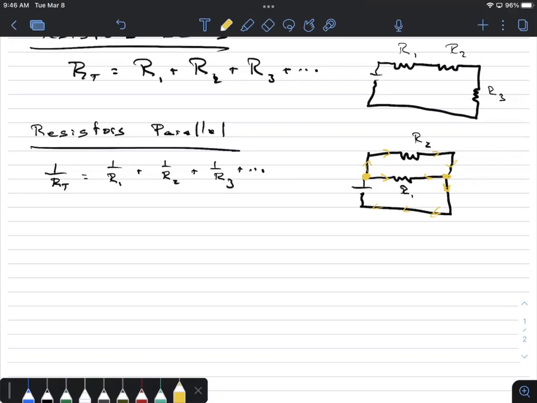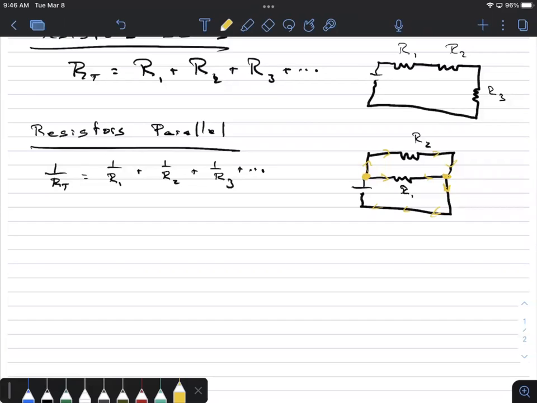And so in this case, the way these resistors happen to be connected, an electron will either go to R1 or it'll go to R2. But no electron in this circuit will ever hit R1 and R2, one right after the other. If it goes to R1, it has to skip R2. And if it goes to R2, it has to skip R1. And so that's the big difference here between series and parallel.